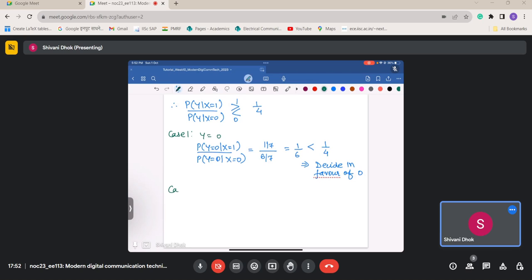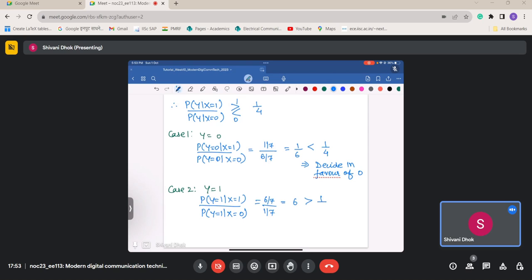Now case 2, y equals 1. Then the probability of y equals 1 given x equals 1 upon the probability of y equals 1 given x equals 0 comes out to be 6 by 7 upon 1 by 7, which is equal to 6.